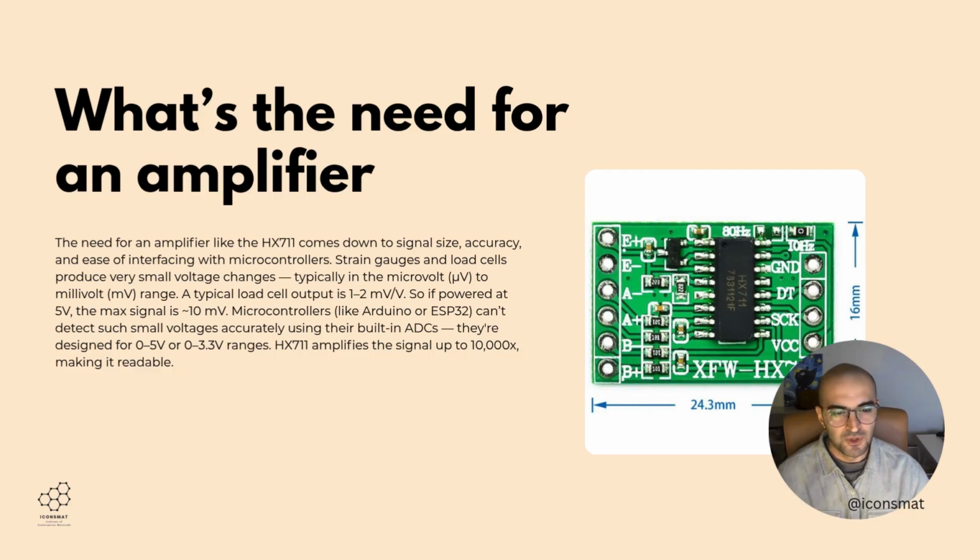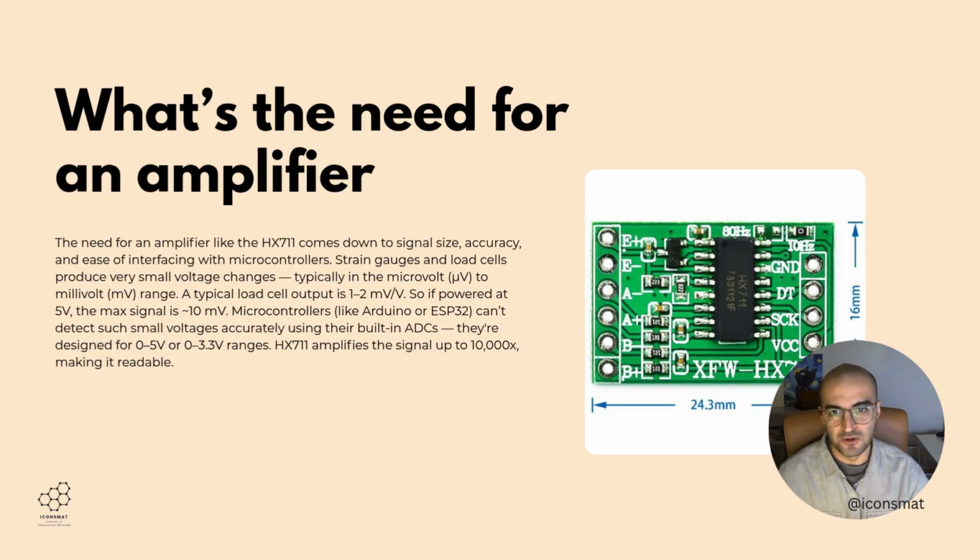Now, we also use something called an amplifier. HX711 is a pretty commonly used amplifier, but we need to know why there is a need for an amplifier in a load cell. The need for an amplifier like the HX711 comes down to signal size, accuracy, and ease of interfacing with microcontrollers.